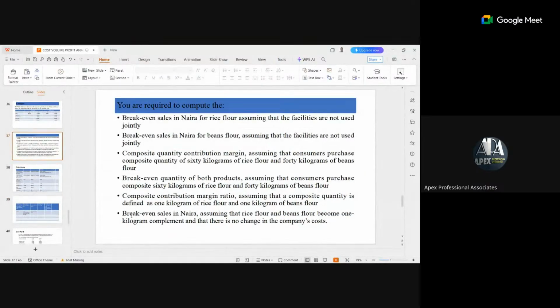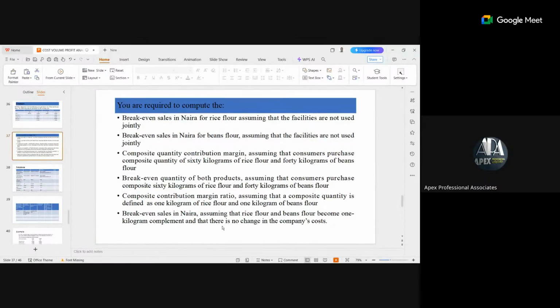The last one is what? You are required to compute the break-even sales in Naira, assuming that rice flour and beans flour become 1 kilogram complement and there is no change in the company's costs.